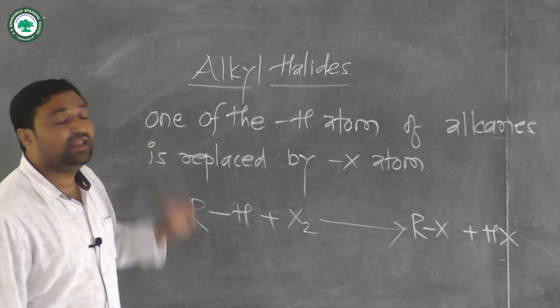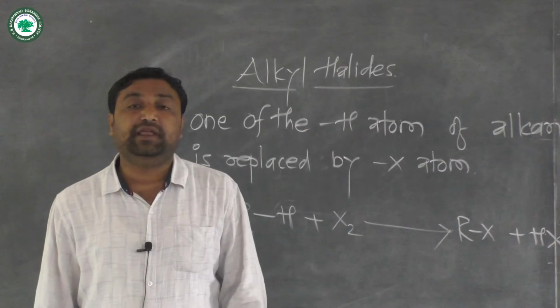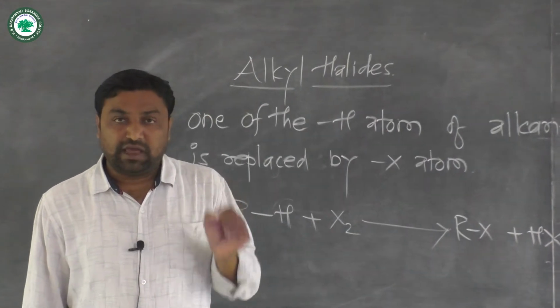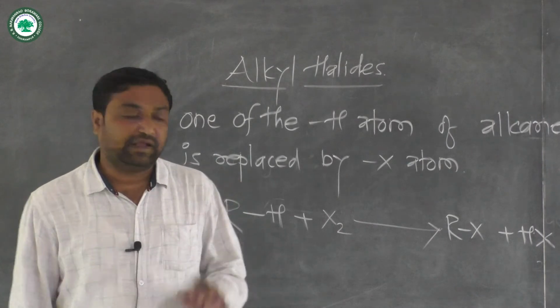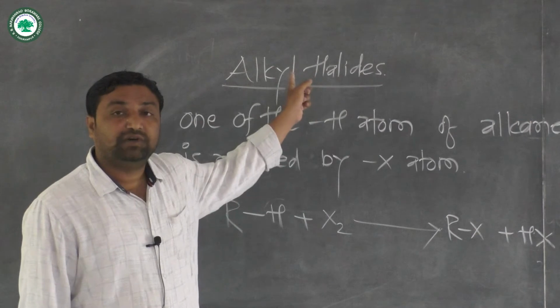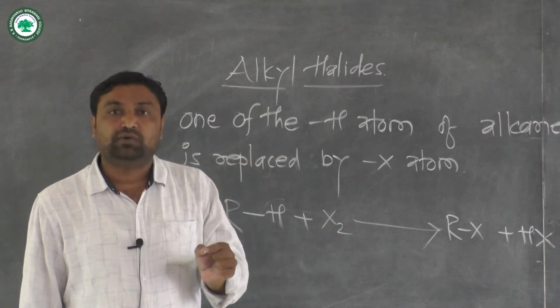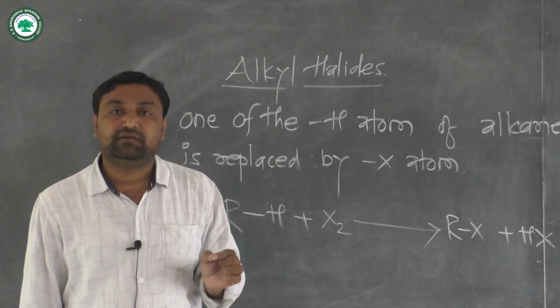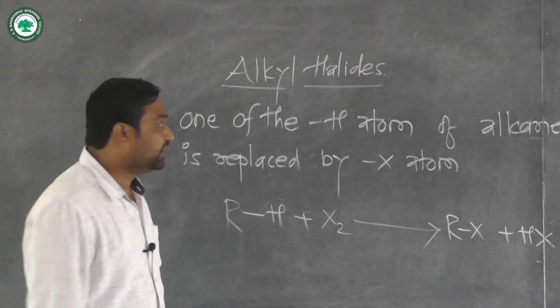Now, these alkyl halides are further classified into three types depending upon the type of carbon atom to which the halogen atom is attached. To understand the classification of alkyl halides, firstly we have to know what is meant by primary carbon atom, secondary carbon atom, and tertiary carbon atom.